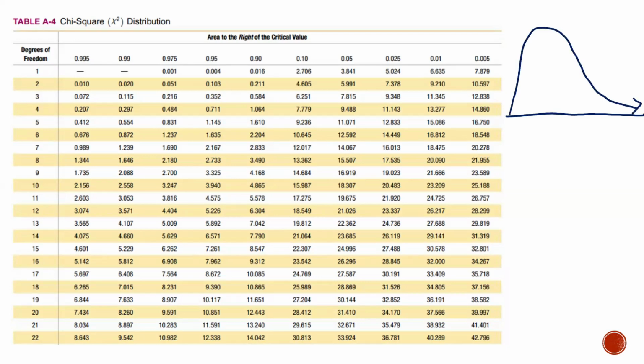Degrees of freedom. This tells you the area to the right of your critical value. And these numbers are all positive. So let's say you choose some degrees of freedom, let's say 9.